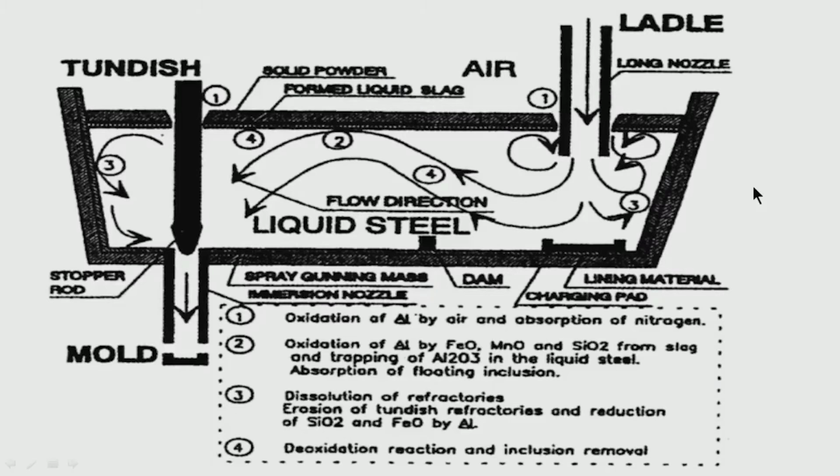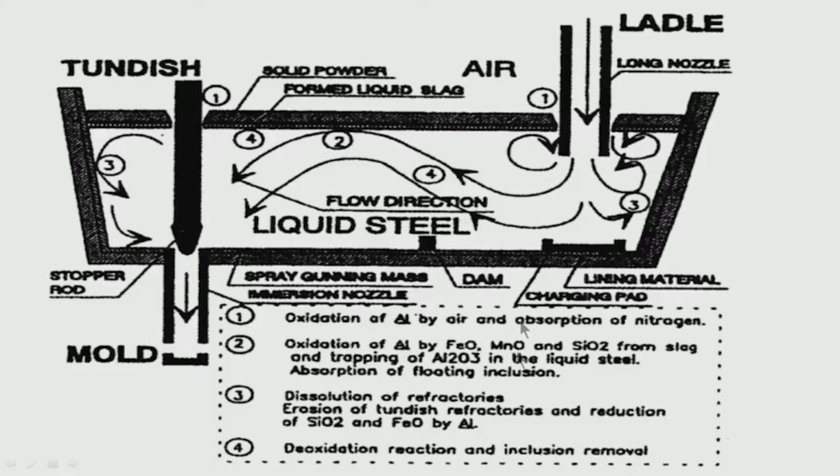As I have mentioned in the ladle, the same thing is true here also. Refractory lining should not have SiO2, should not have iron oxide, should not have other constituents which might get reduced by aluminum.